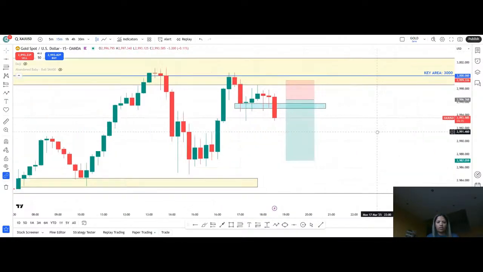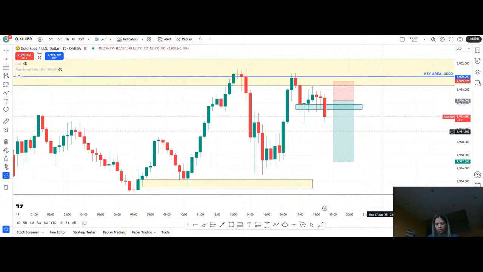This is on a 15 minutes, so I will let you know what would be a good entry place. Okay, I'm just waiting now for this 15-minute candle to close.